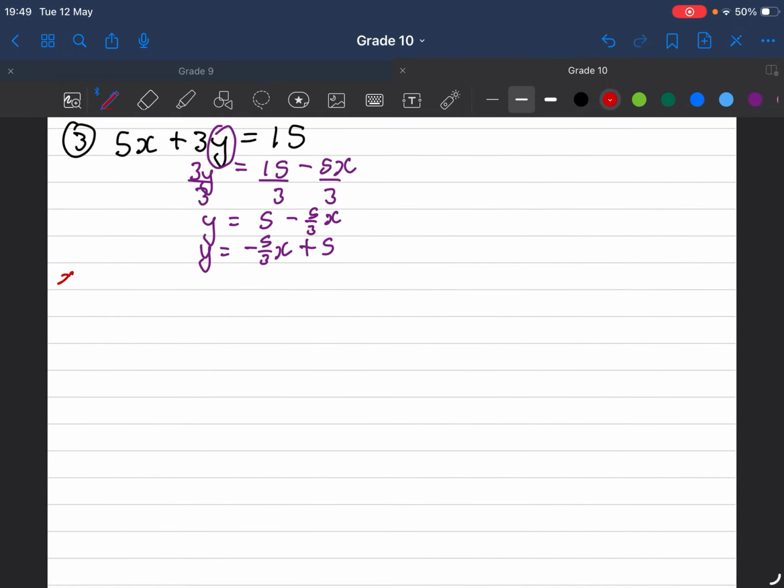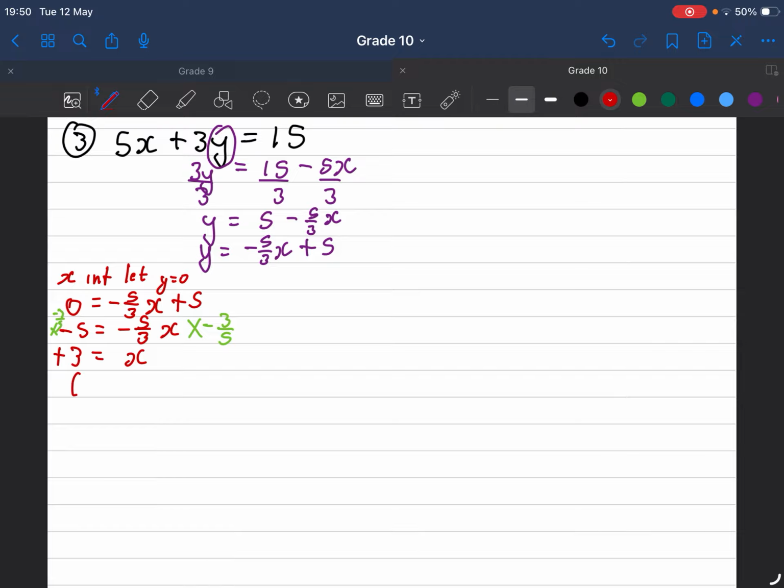Now, begin with the x-intercept, let y equal 0. So 0 is equal to minus 5 over 3x plus 5. So minus 5 is equal to minus 5 over 3x. Then when you solve this, you can multiply both sides by negative 3 over 5. You're going to get x is equal to positive 3.